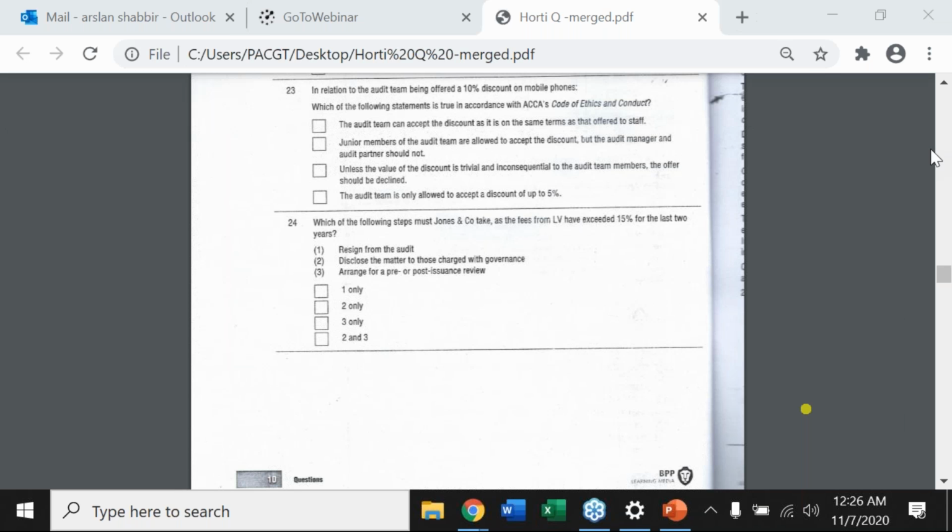This is a very easy question. Which option is right?